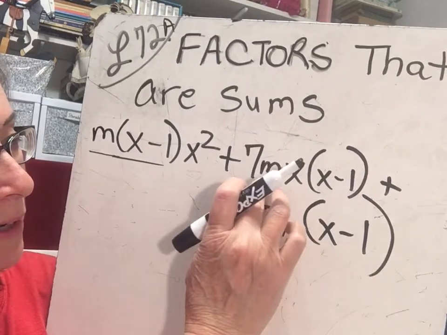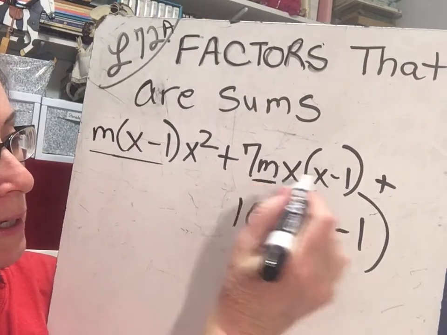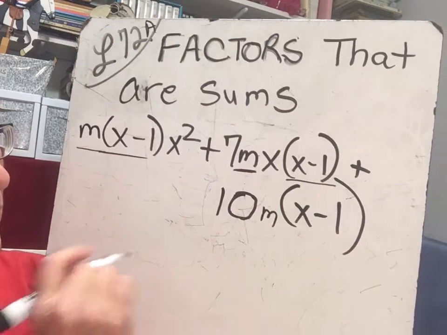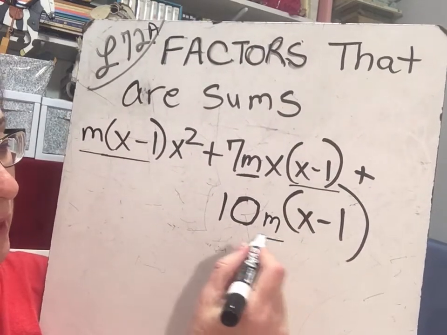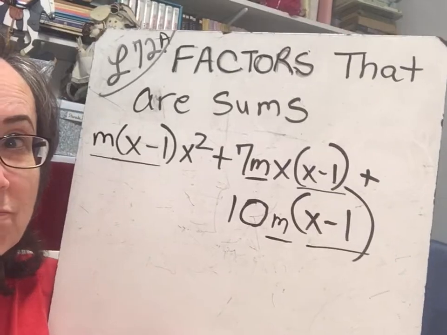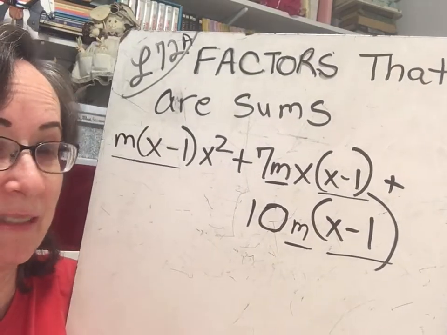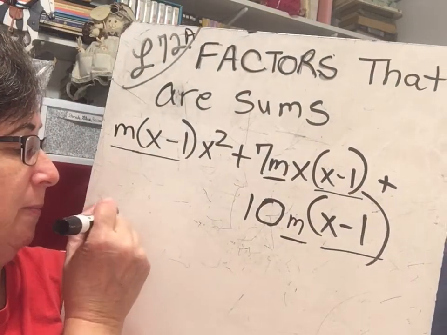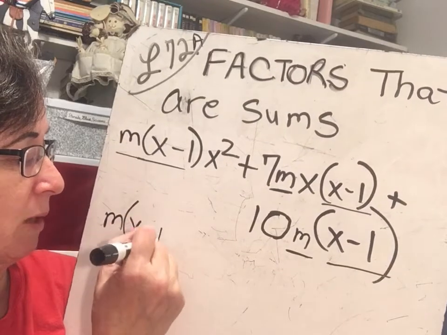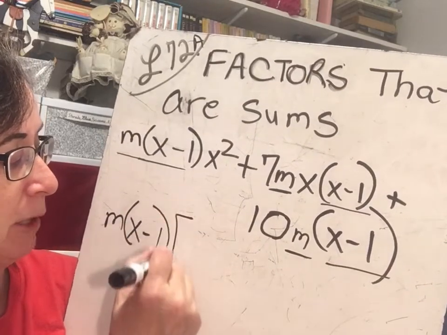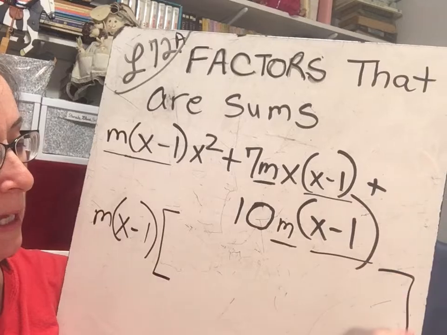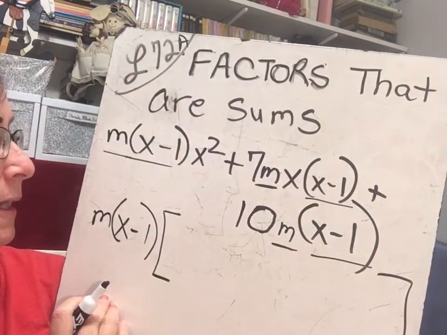So I look over here, and this one has an m times an x minus 1. And I look down here, and this one has an m times an x minus 1. So that's a common factor, isn't it? So we're going to write m times x minus 1 in front. I'm going to use a bracket here just to keep it a little bit more separated.